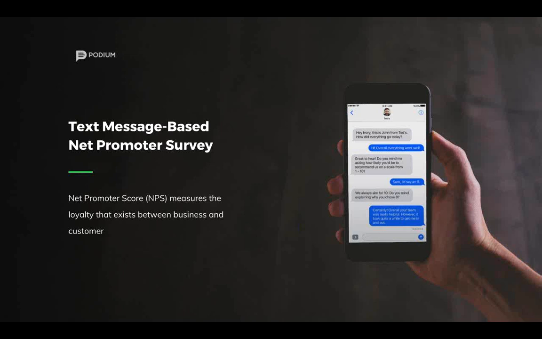Anything from a 1 to 6 is what we call a detractor, meaning these individuals are basically telling people don't go here. The 7 to 8 are basically neutral, and then your 9s and 10s are promoters, meaning these are the individuals that are loyal, that are going to be touting your business to other people. They're that customer that refers all your friends and family members and talks about how great you are.